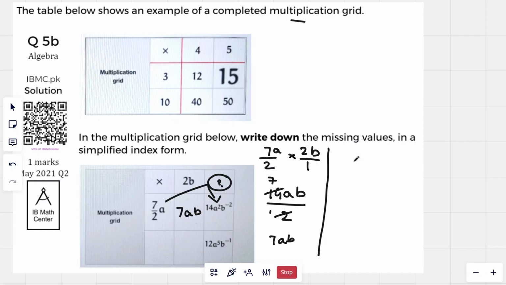So 7a over 2 multiplied by this mystery box will give us 14a squared b to the power negative 2. Right? This mystery box is here.